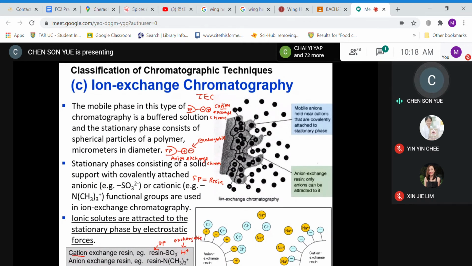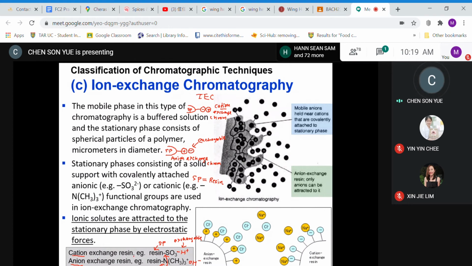This will become cation exchange resin. And the exchangeable ion here will be a negative ion. This one is bonded, means permanently bonded. So bonded negative, exchangeable positive: cation exchange chromatography. Exchangeable negative: anion exchange chromatography.